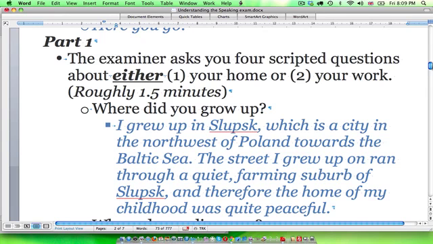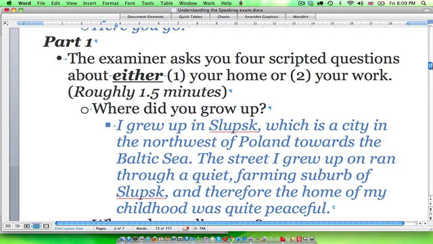So if you're asked an open-ended, broad question like, "Could you describe your hometown?" which would be a mixture of fact and opinion, or "What sort of work do you do?" or "Tell me about your family," you should do what you can to summarize your response. You don't want your response to go much further than 40 or 45 seconds, because you should remember that the examiner is going to be asking you 12 different questions in just part 1.